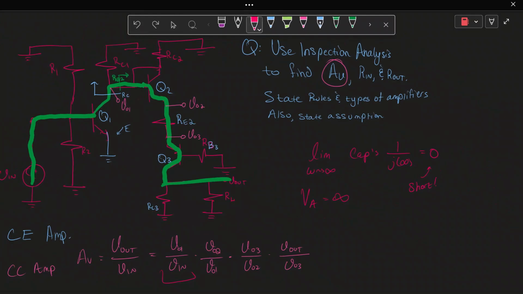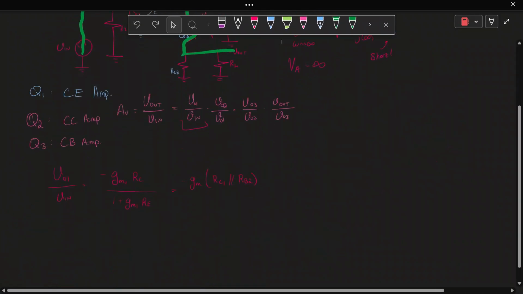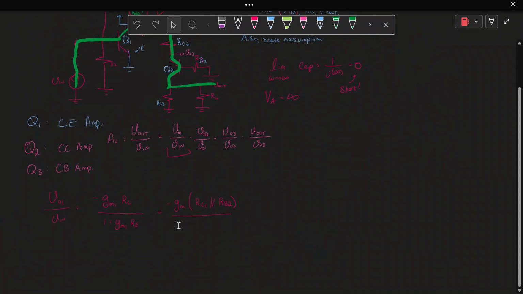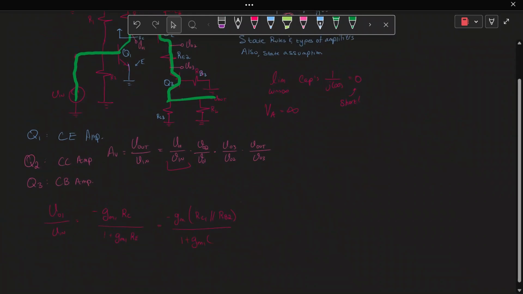So they're in parallel, essentially. Now, it's all divided by 1 plus GM1 times RE. Well, the emitter of Q1 is 0, so we can get rid of it: 1 plus 0 is 1, so let's get rid of the denominator.